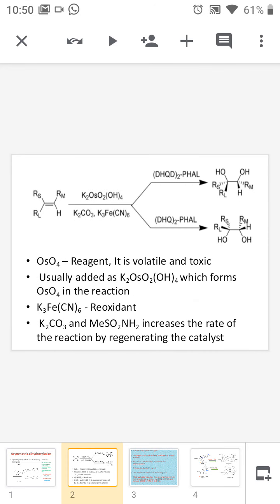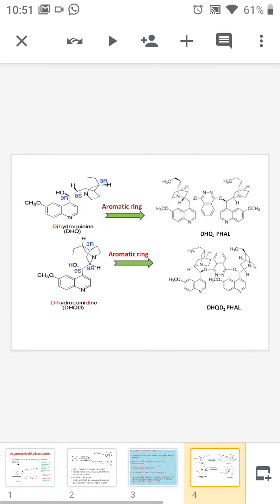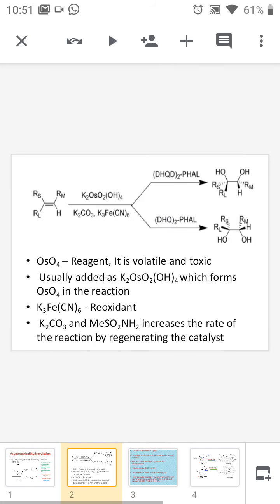So our ultimate reaction is the alkene, using K2OsO2(OH)4, K2CO3 and K3Fe(CN)6, which is used as the reoxidant. We will get the dihydroxylated alkene. Now see here, we can see (DHQD)2 PHAL.